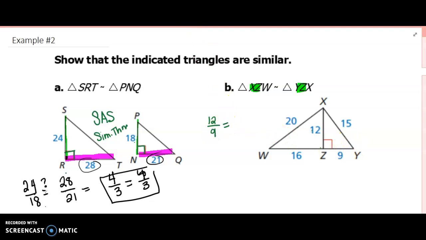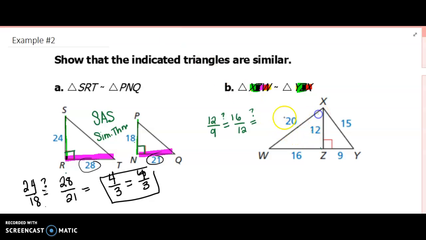Is that the same as, and I'm going to put a question mark, ZW to ZX, so ZW 16 to ZX is 12, and is that the same as, question mark, XW to YX?